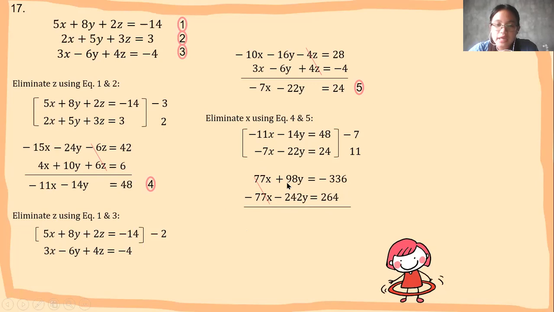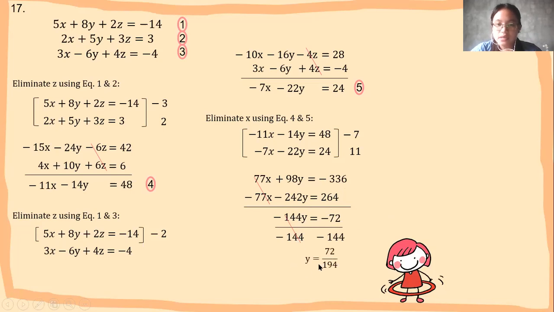So then add the remaining terms. We have 98y plus negative 242y, we have negative 144y. Negative 336 plus 264, we have negative 72. So let's divide both sides by negative 144. Let's cancel.